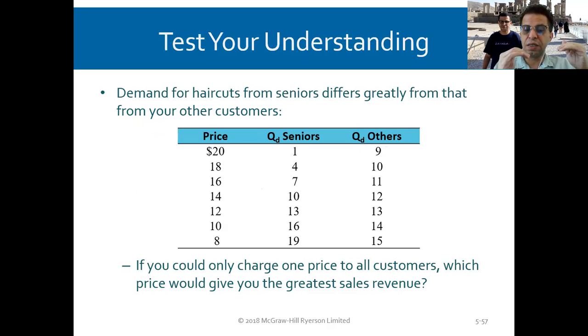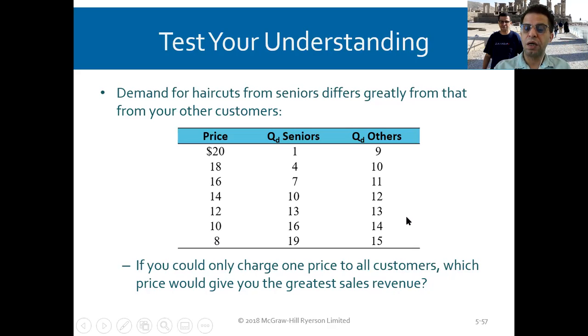As the price decreases, we know the demand increases and keeps increasing. So if we sell at $8, you will have 19 seniors coming in and 15 juniors or others.